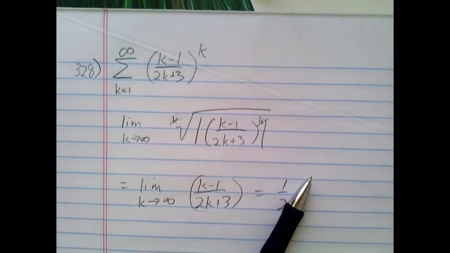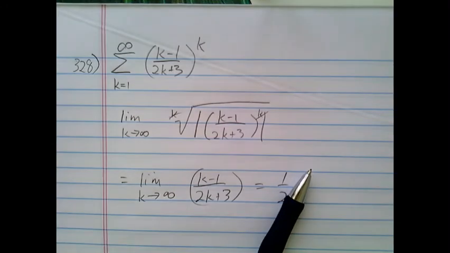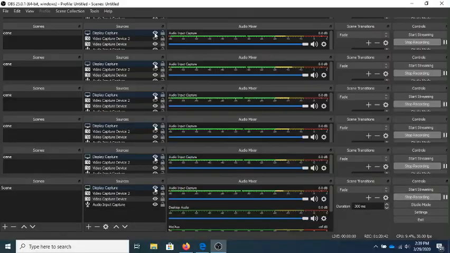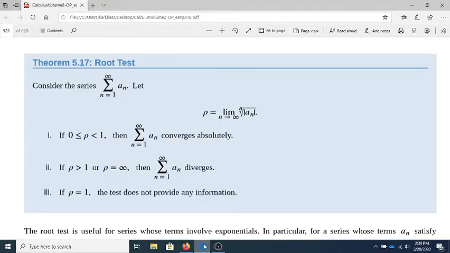Now, remember, the conclusions for the root test look a lot like the conclusions for the ratio test. So in particular, if that limit that we're calling rho is between 0 and 1, we can conclude that our series converges absolutely.